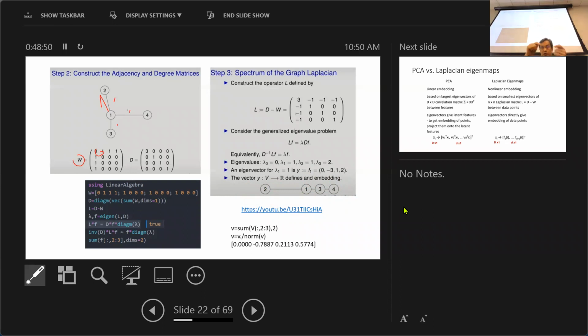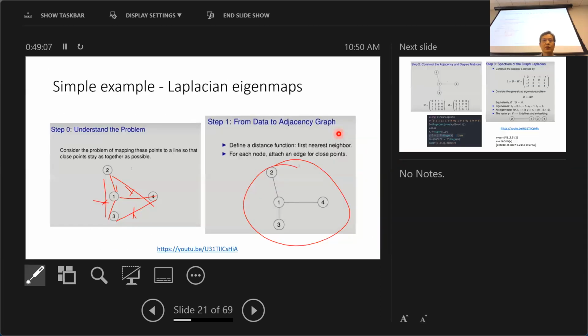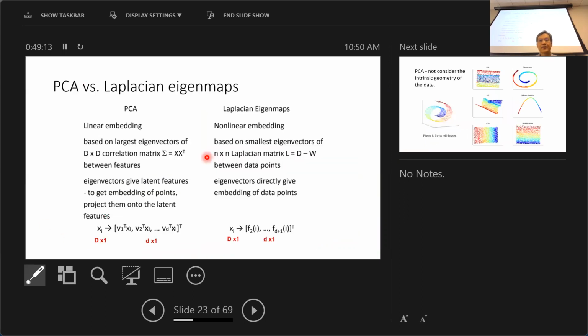Okay, so this is a very small example, and it's not a good illustration for a non-linear relationship among data points, because it's 2D. But the whole idea or whole pipeline is the same. You just replace what you have with a more complicated data set example, but the steps are the same.